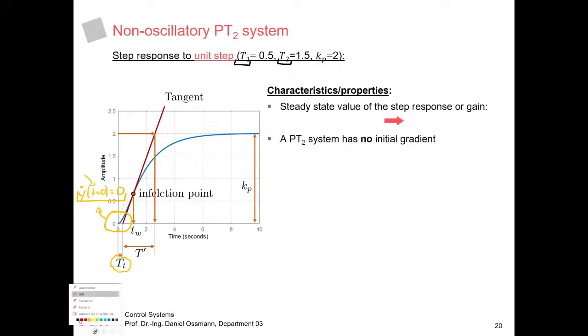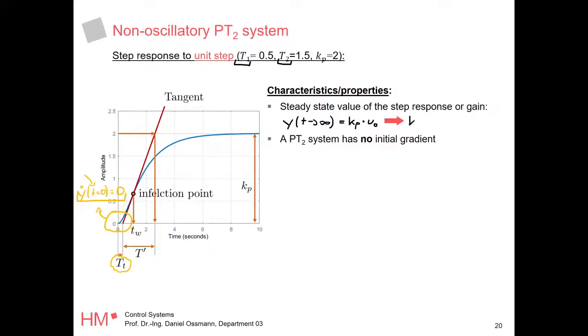We'll change the color. Again, we said if we just wait long enough, we will converge to our steady state value, and this steady state value is nothing but Kp times our U0 for a step input.